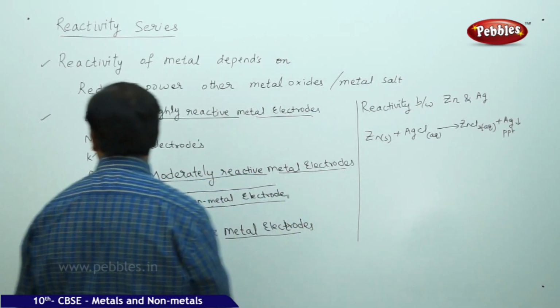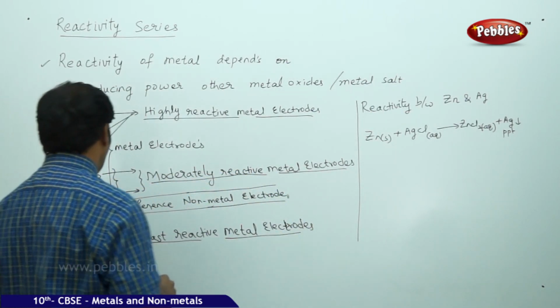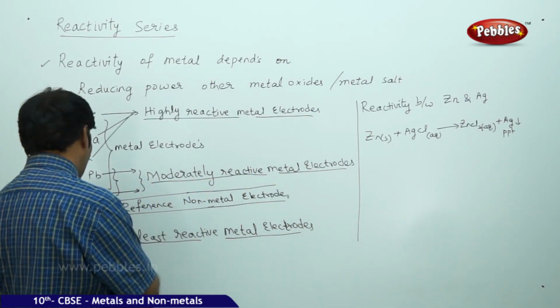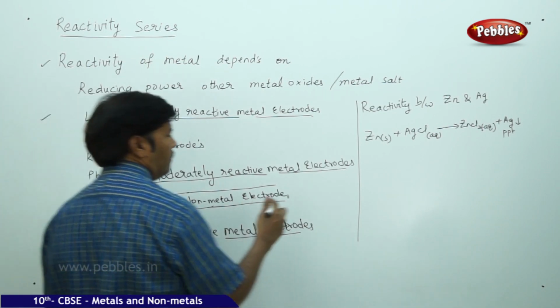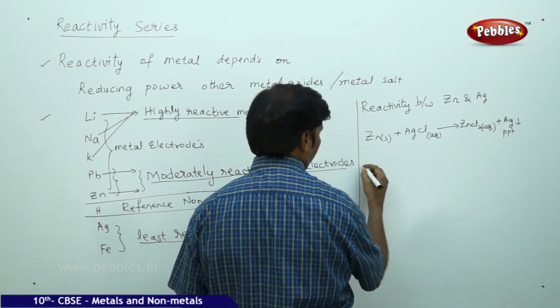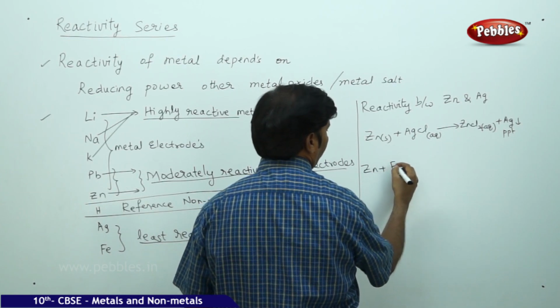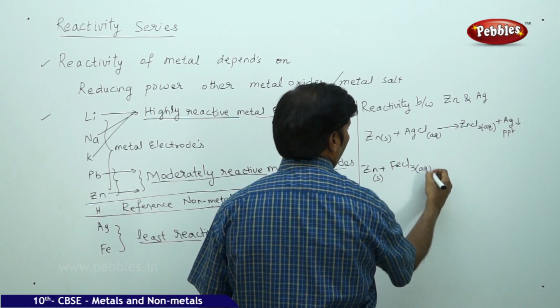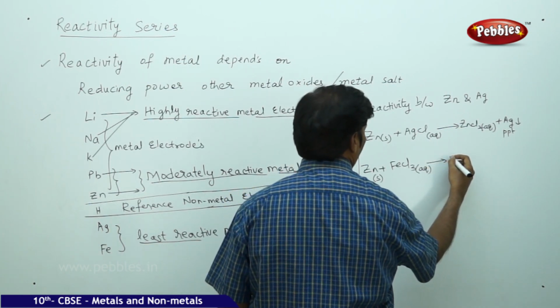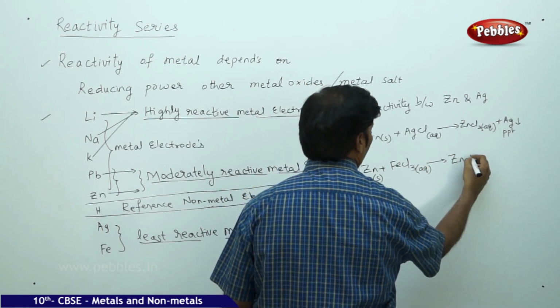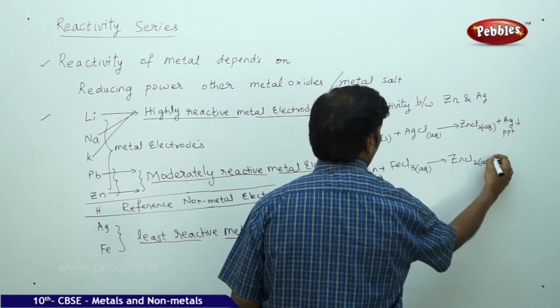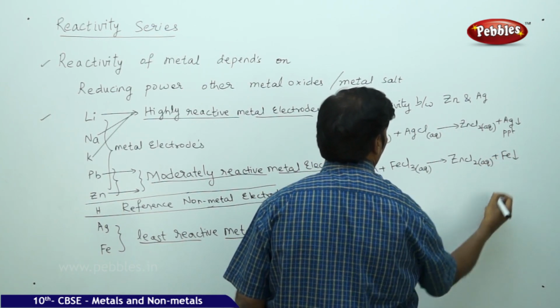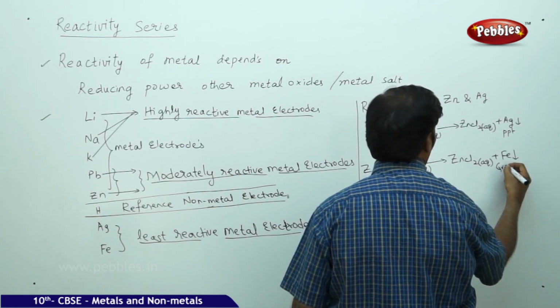Similarly, if you make a comparison between zinc and iron, if you take zinc solid plus FeCl3 aqueous, it forms zinc chloride aqueous plus iron.